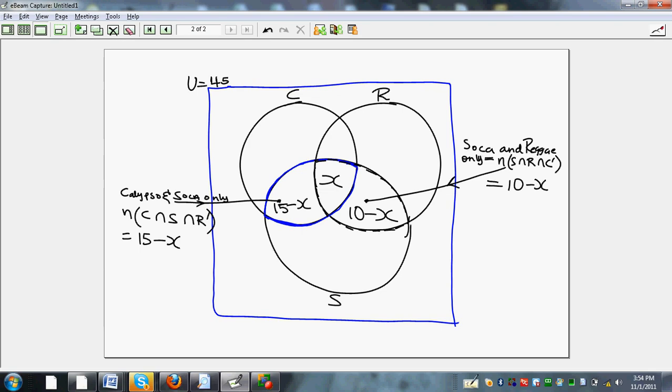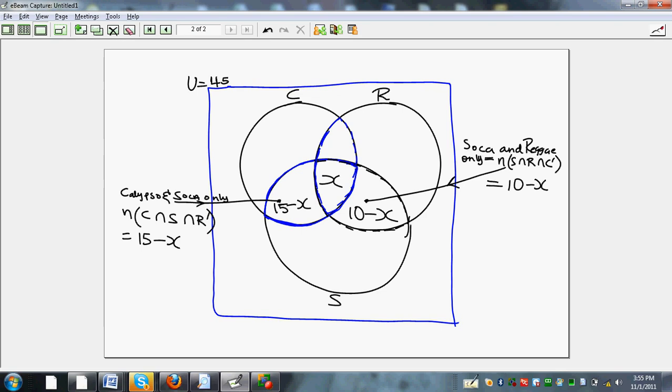So to get calypso and reggae only, we have to look at the calypso and reggae intersection, which I'm highlighting now. That area there will be calypso and reggae, those who like calypso and reggae.